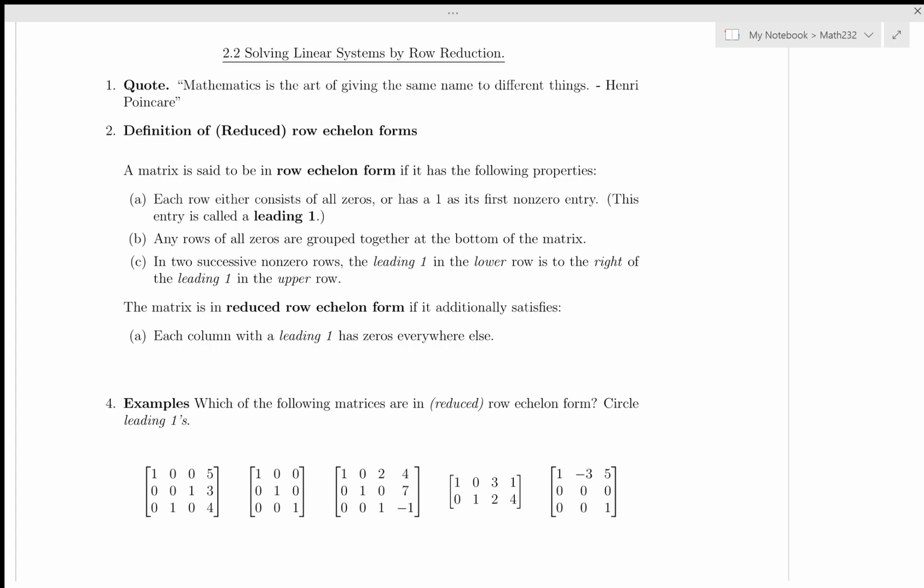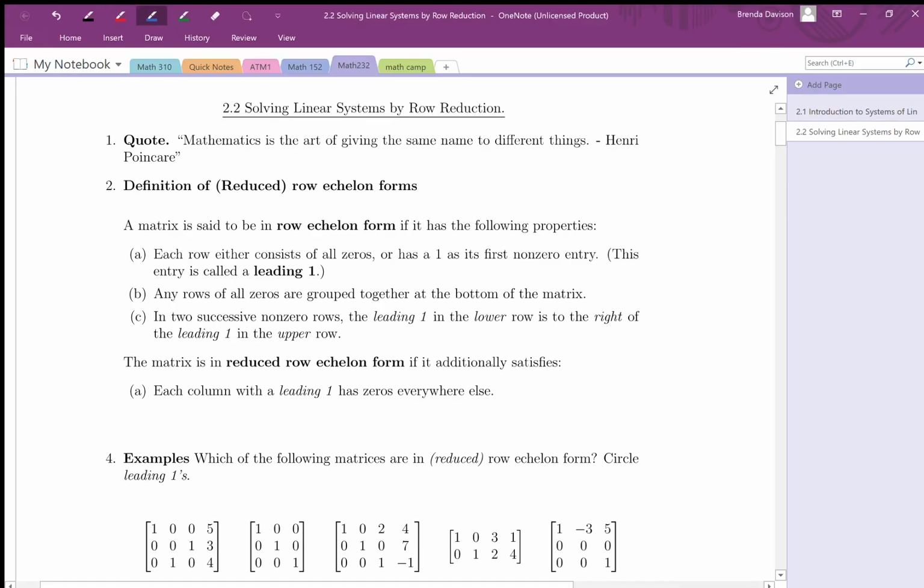We have two definitions. The first definition is: what is a row echelon form? And the second definition is: what is a reduced row echelon form?